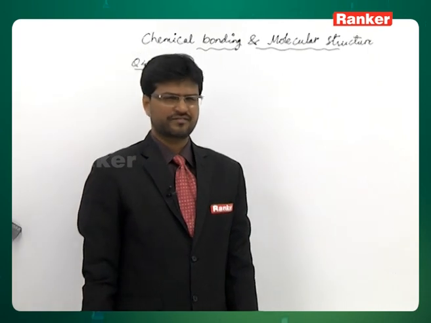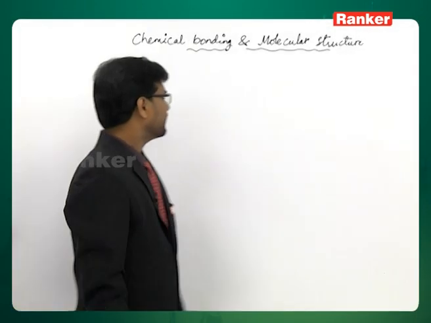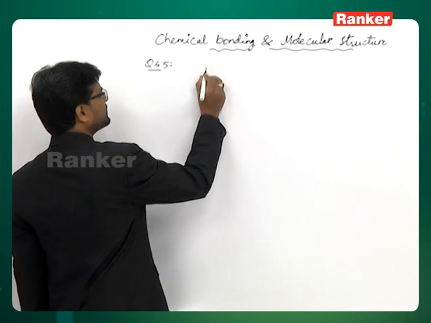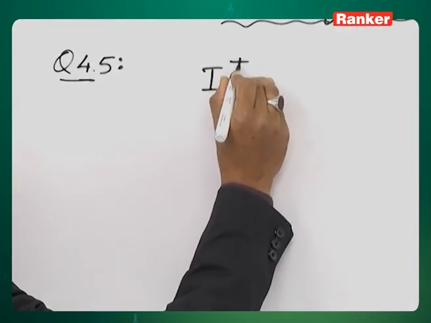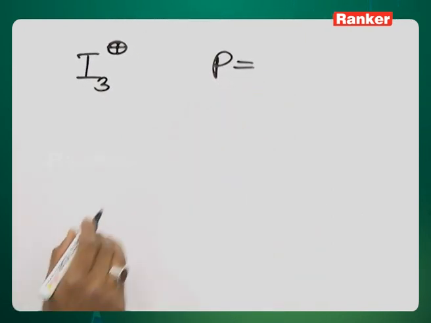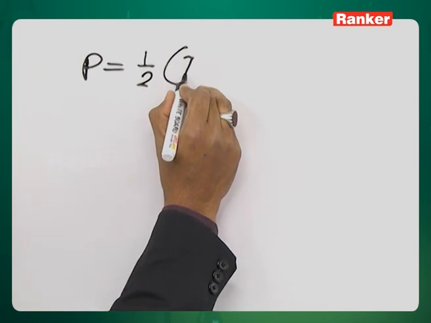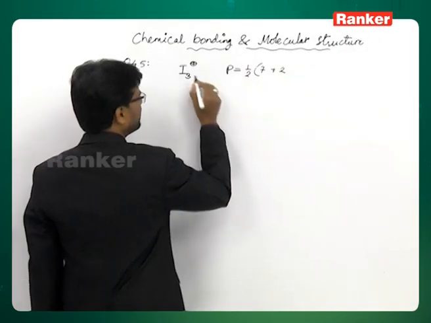Question number 45. Here also it is a matching type of question. I3 plus, I3 minus, ICl4 minus and XeF6, and you need to match with appropriate hybridization given in the list 2. First of all, let us try to find out about I3 plus. Here we consider one of the iodines as central atom and find out the number of electron pairs, and half V is 7 plus 2 surrounding iodine atoms.